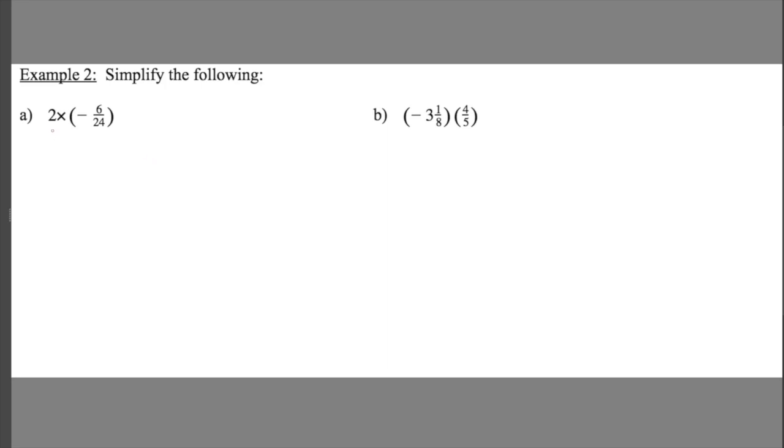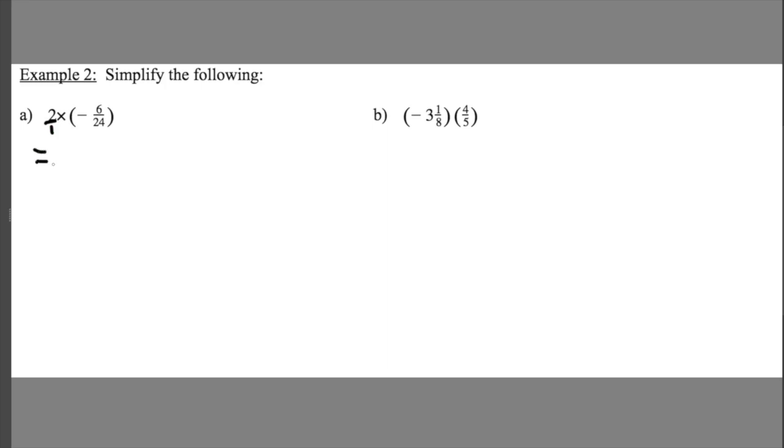So during this time in our notes, it was talking about the multiplication process. So when you multiply numbers and fractions, you're going to multiply the numerator by numerator and denominator by denominator. 2 here actually has an imaginary 1. All whole numbers have an imaginary 1 at the bottom as a denominator.